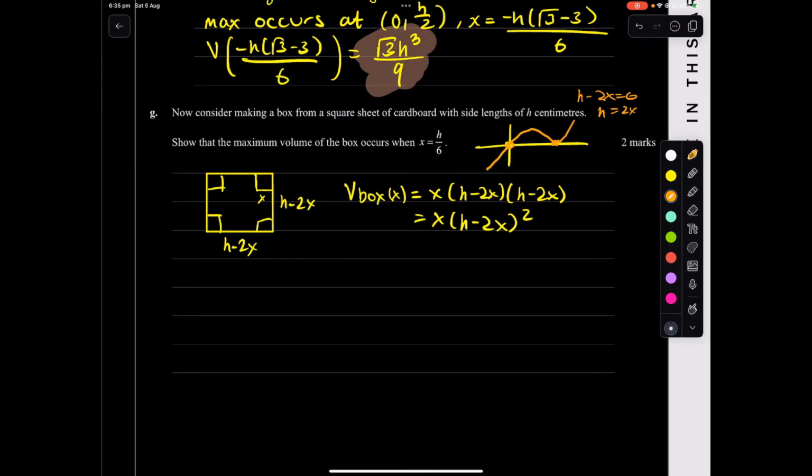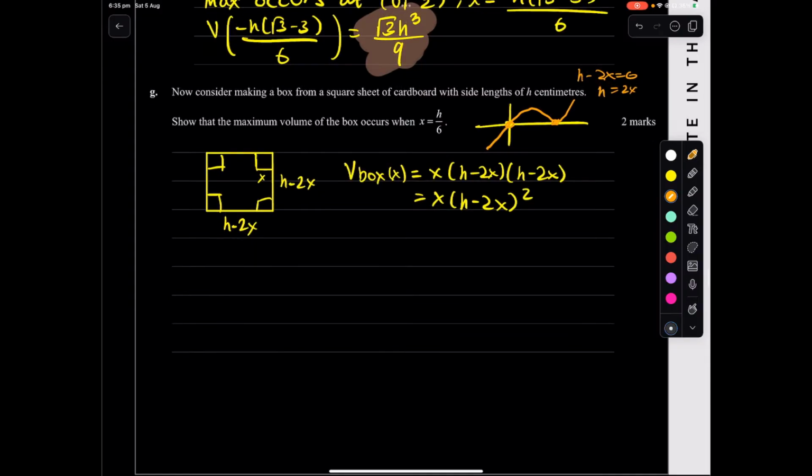That's what we know. What do we know about this more? So h is squared. Yeah, looks right. The graph is like this, and so your maximum occurs over here.